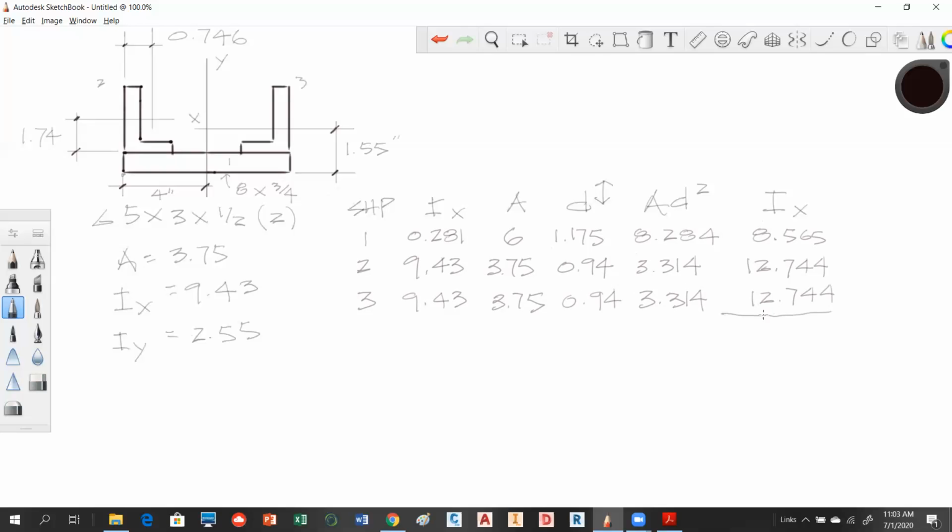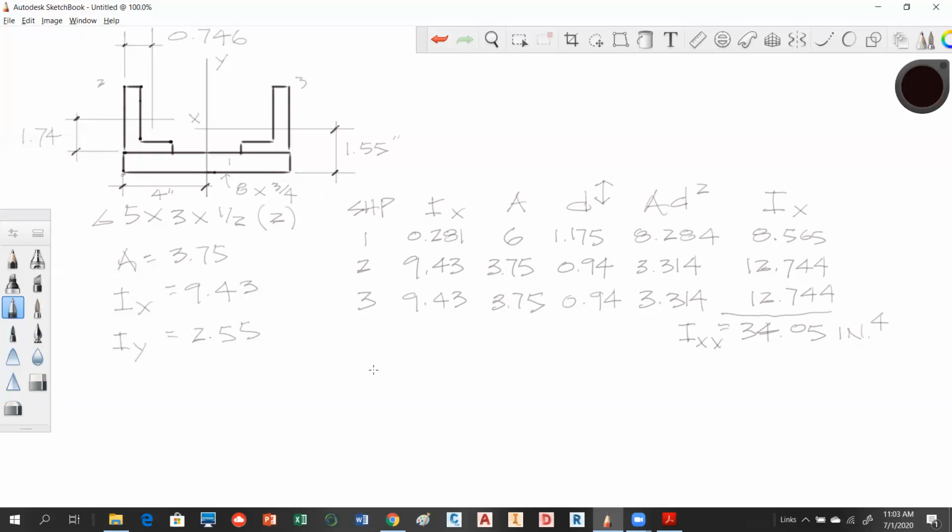So we sum that up. This will be the IXX, inches to the fourth. So it's not giving us a lot of resistance to bending.